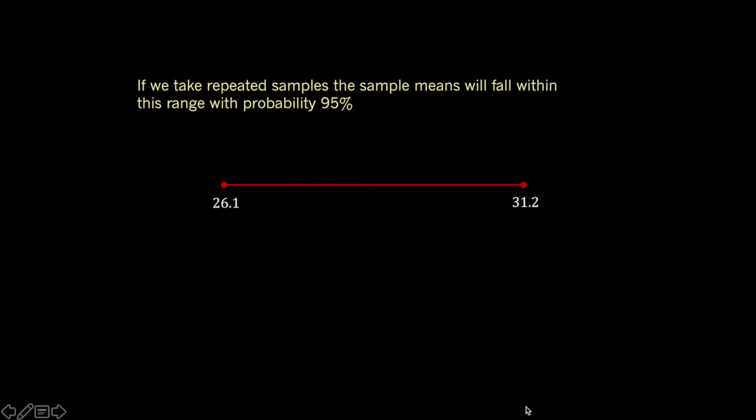That implies that if I keep taking samples and computing the mean, those means are going to fall inside the interval. Not always, but 95% of the time. Sometimes they fall outside, but most of the time they're going to fall inside. If I compute new samples, they're all going to fall with 95% probability inside this interval.